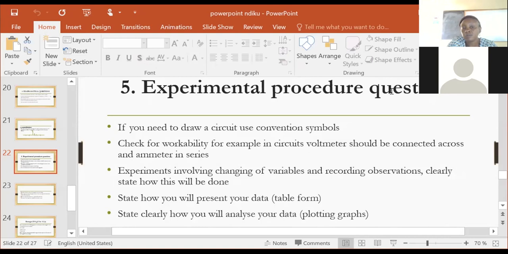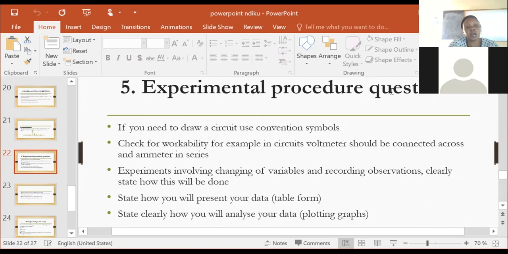So if it's a question to draw a diagram on electricity, the first thing the examiner will check is whether the potentiometer is connected across or the ammeter is connected in series. If it cannot work, then no marks for that.